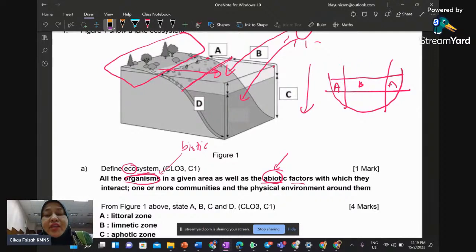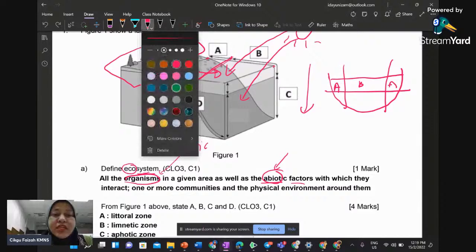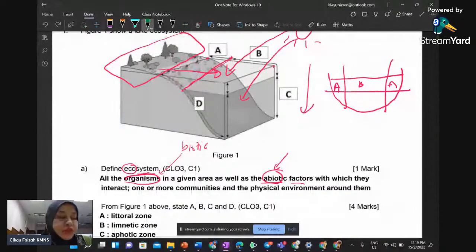Okay, and then when it comes to distance from the shore, and now bila ditanya ada satu lagi factor, which is the depth, the light penetration.